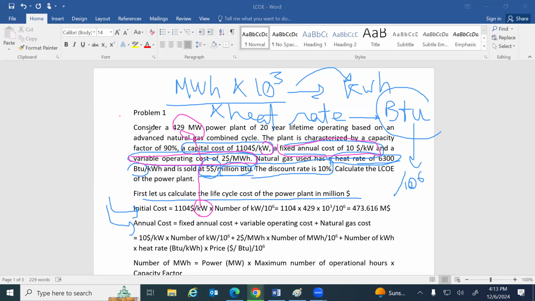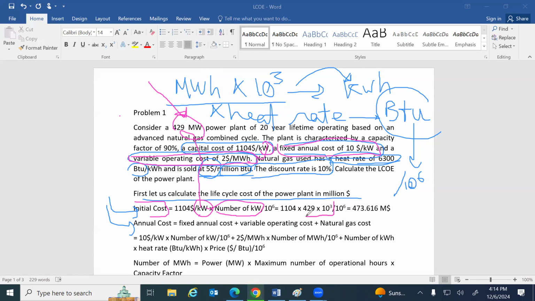And whenever you just have it per kilowatt, you go back to the rated power of your power plant. Okay, so that's why when we calculated the initial cost, the initial cost is defined per kilowatt of power of the power plant. So we just have to multiply by the number of kilowatt, which is 429 times 10 to the power 3.